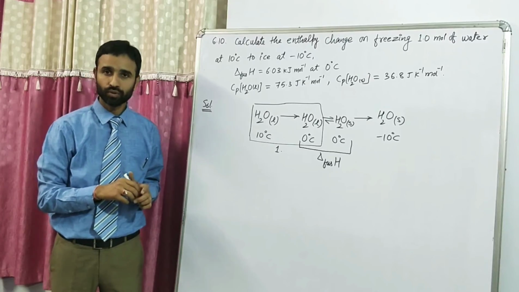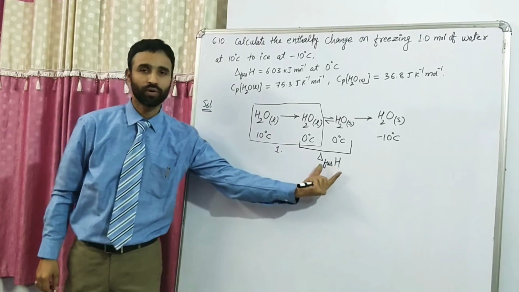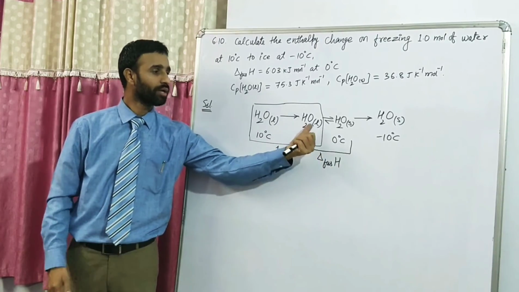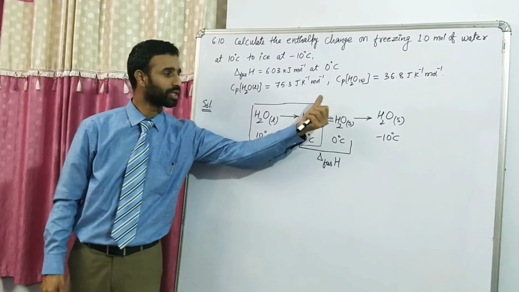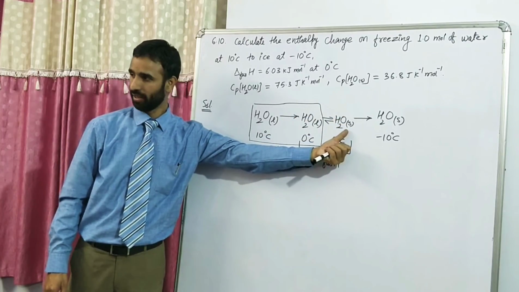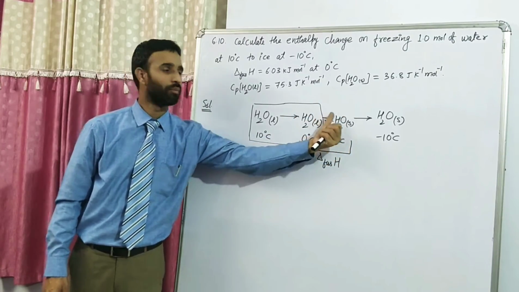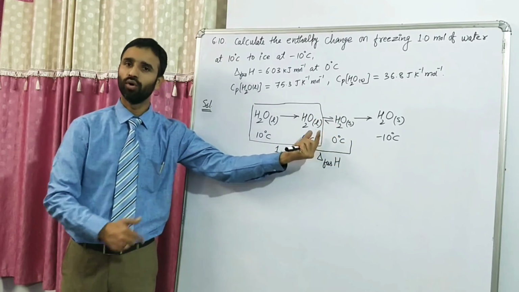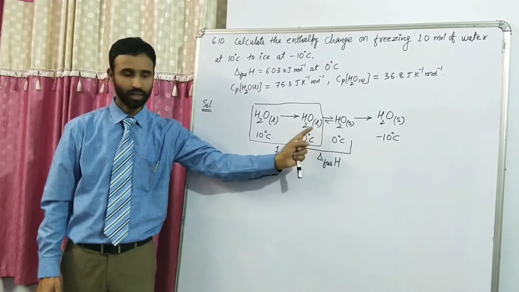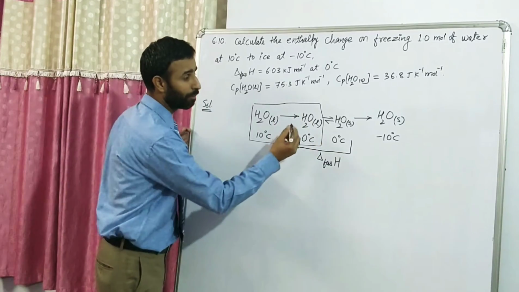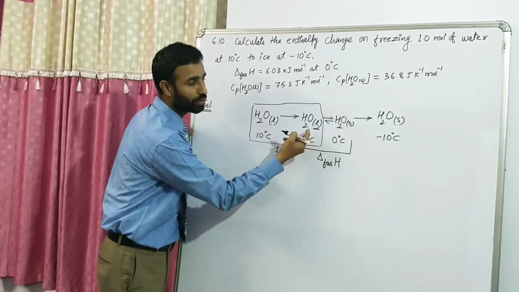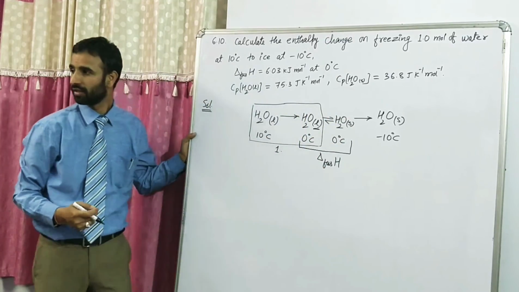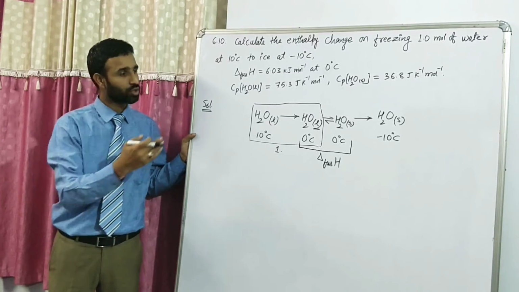Enthalpy of fusion is defined as the amount of enthalpy change when 1 mole of solid is converted into its liquid at its melting point, or freezing point, because freezing point is equal to melting point. But here the change is from liquid to solid, and fusion is solid to liquid.